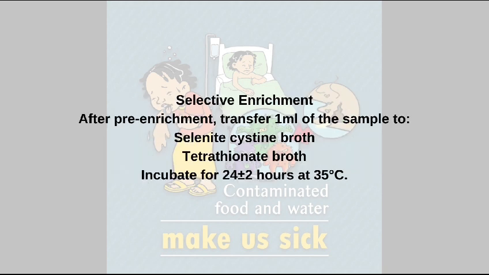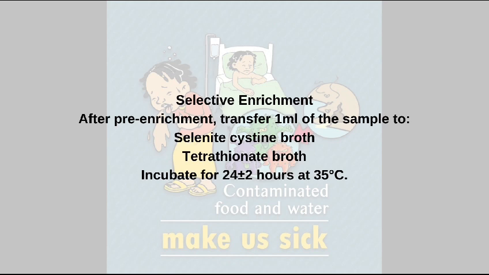Next, we have to carry out selective enrichment to select the Salmonella species from other food contaminants which might be present in our food sample. For that, we have to transfer 1 ml of incubated sample into selenite cystine broth and another 1 ml into tetrathionate broth.